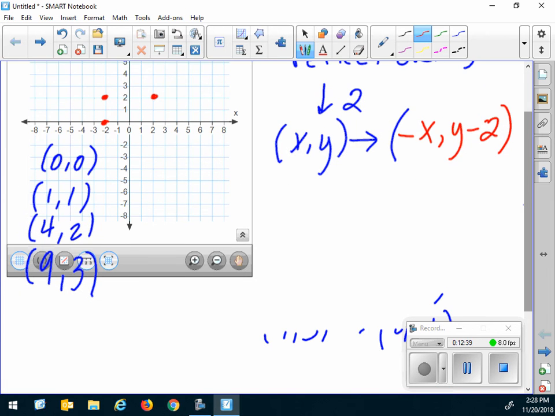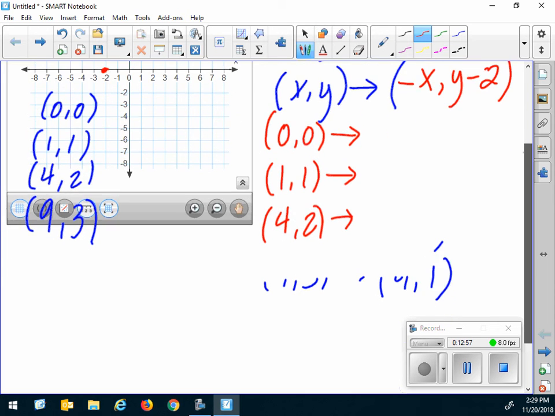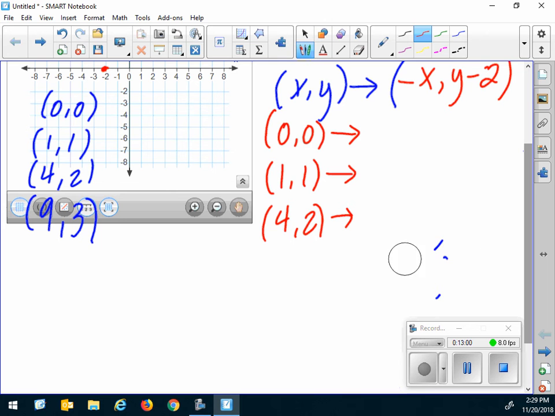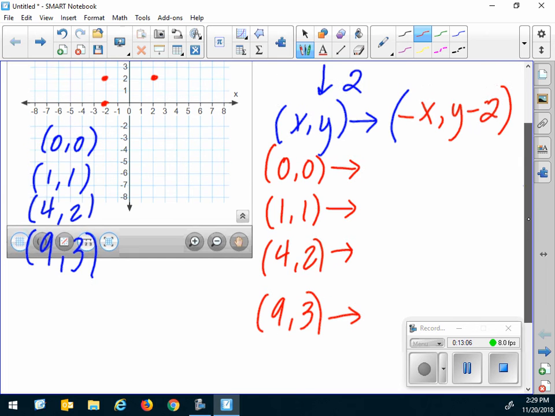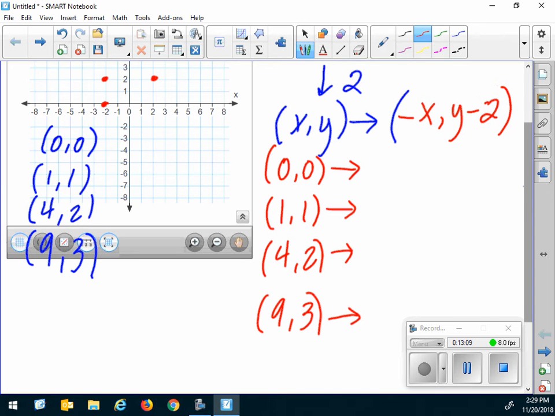Now, take each of those 4 points and put them through this machine right here. The machine is named (negative x, y minus 2). I'm going to let you do them, see what you get, and we'll see if I get the same thing.